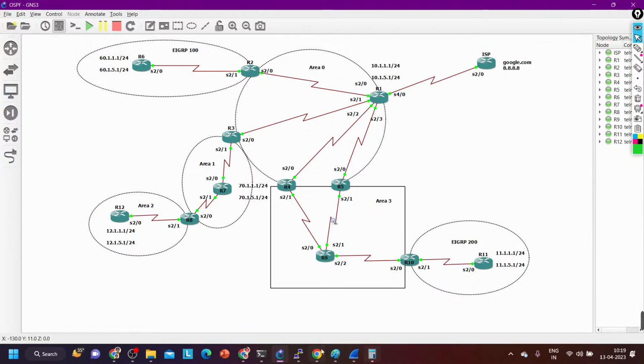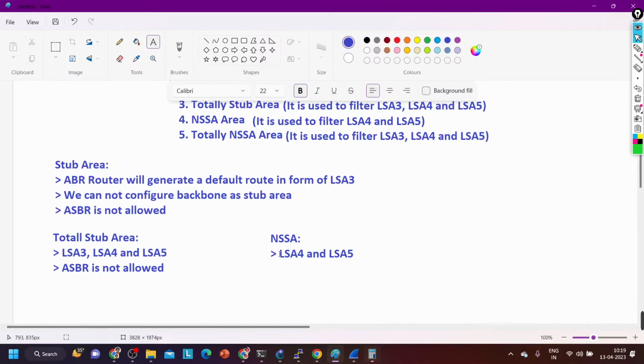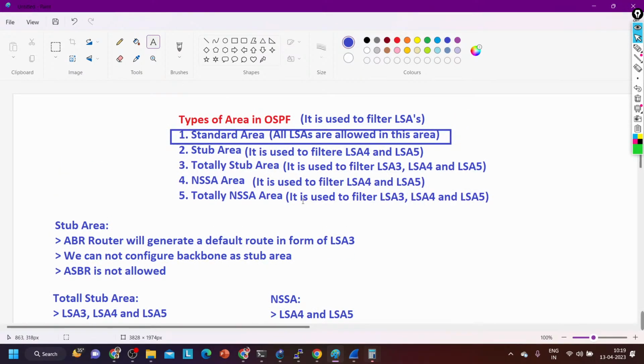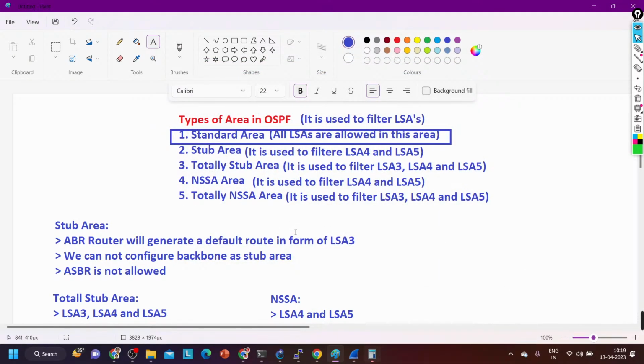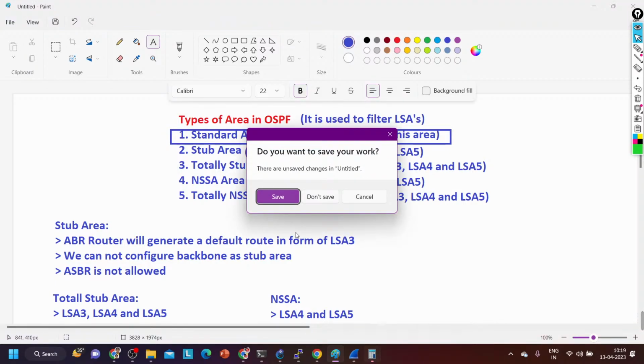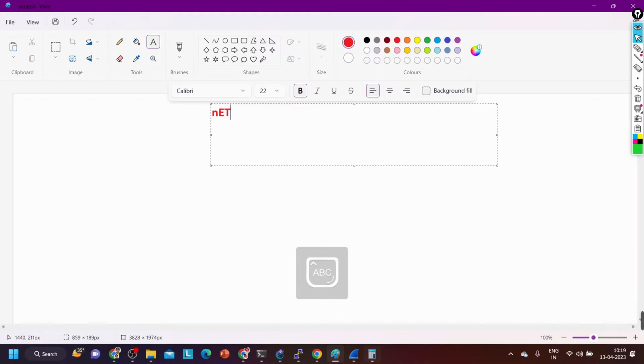Let me discuss the next topic, that is network types in OSPF. So how many types of network do we have in OSPF, guys? Point-to-point, broadcast. Only two types?